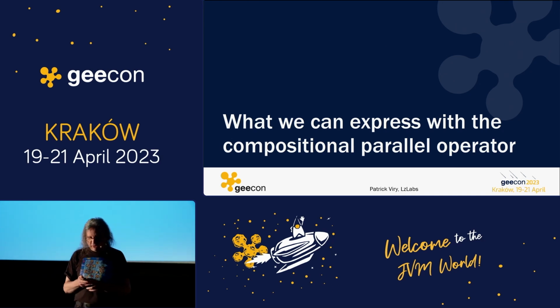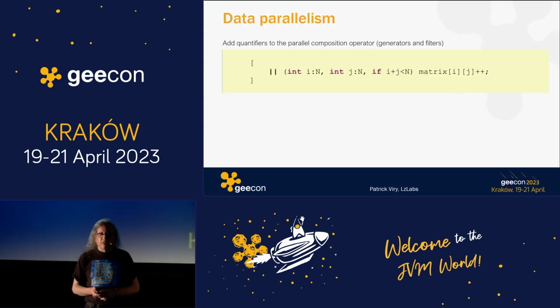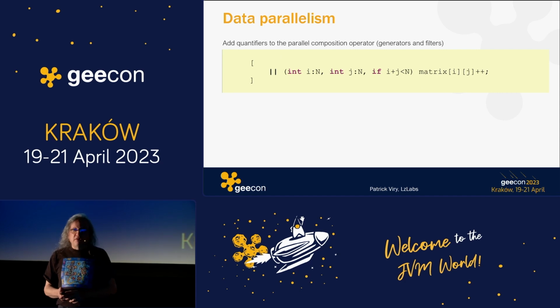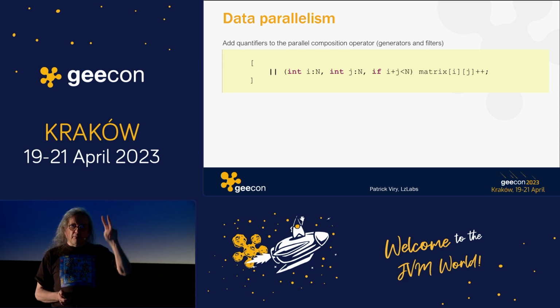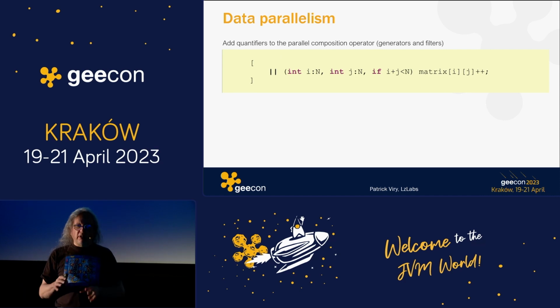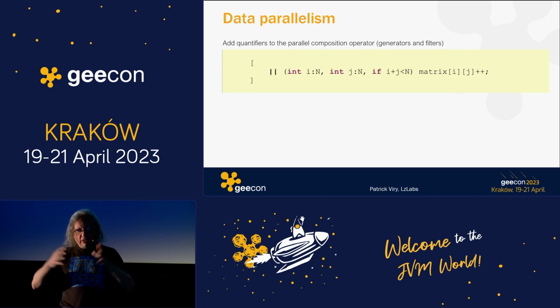So what kind of things can we express with this? This is an example of data parallelism. We have this parallel operator, and instead of just having two statements, A parallel B, we have generators and filters, so we are going to have many branches in parallel.